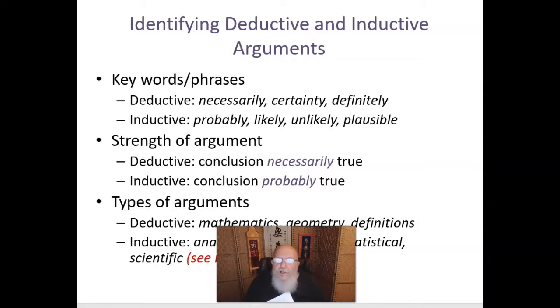In a deductive argument, the conclusion is necessarily true. Like I said, that means it's 0 and 1, on or off. It's either going to be true or false. But in an inductive argument, we talk about it being probably true. Right? So we have deductive arguments in mathematics, geometry, and in definitions, and certainly in logic, while inductive arguments involve analogical reasoning, legal reasoning, moral reasoning, statistical reasoning, and scientific reasoning.